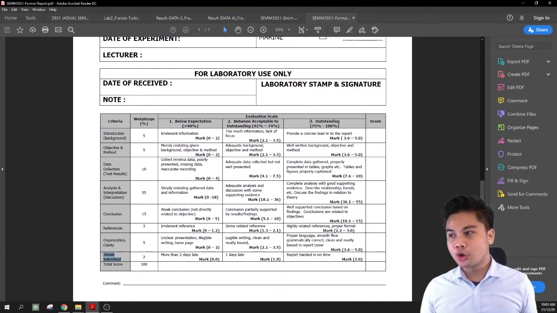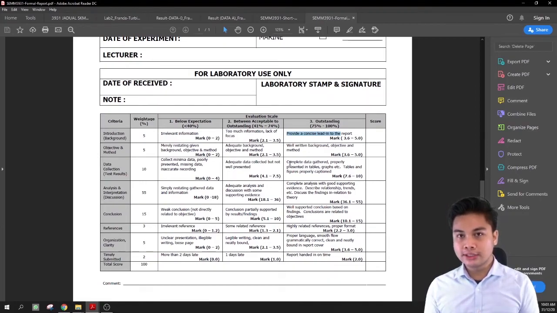To score outstanding, for the introduction, please provide a concise lead into the report. For the objective, write the background well. For the data collection, we give you all the raw data; you need to calculate on your own and then place it in a table. Data gathered should be properly presented in tables and graphs.